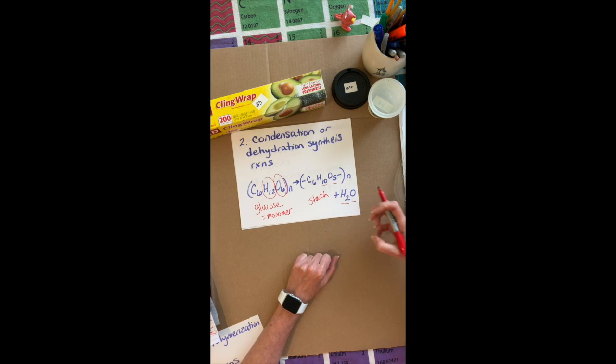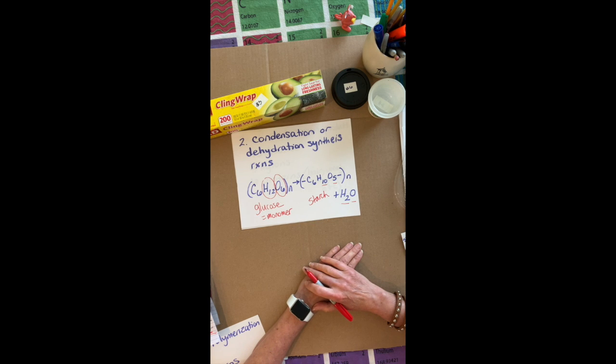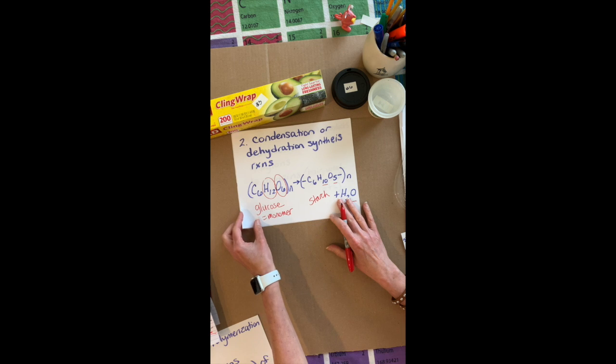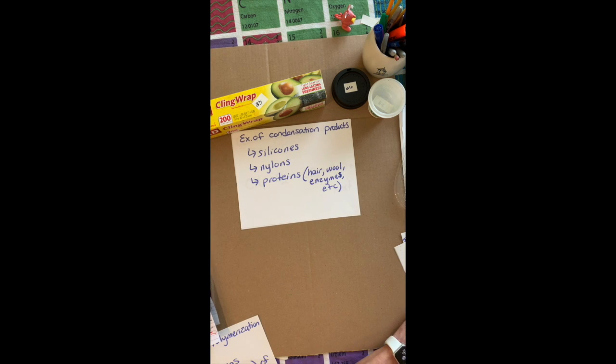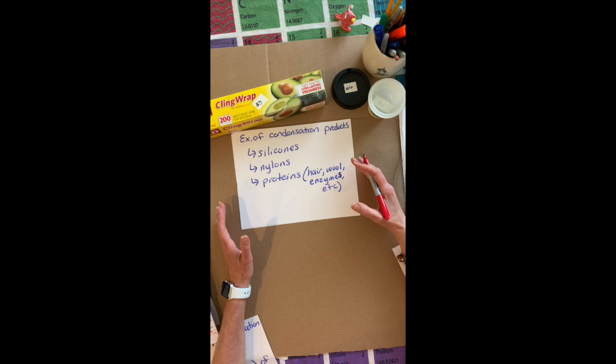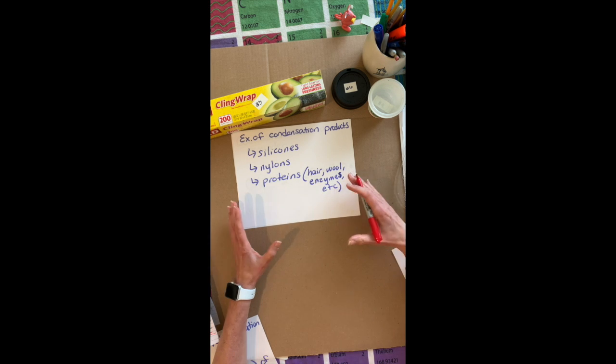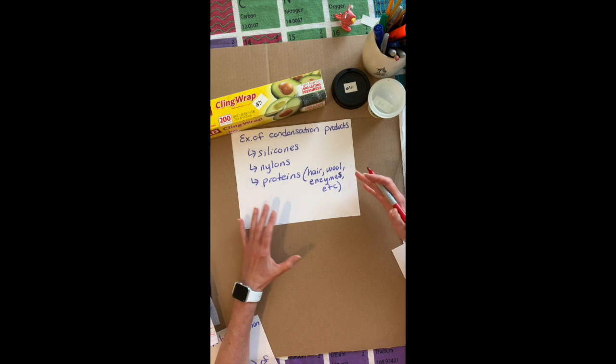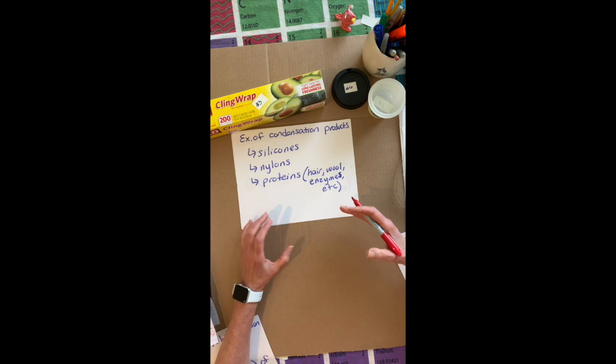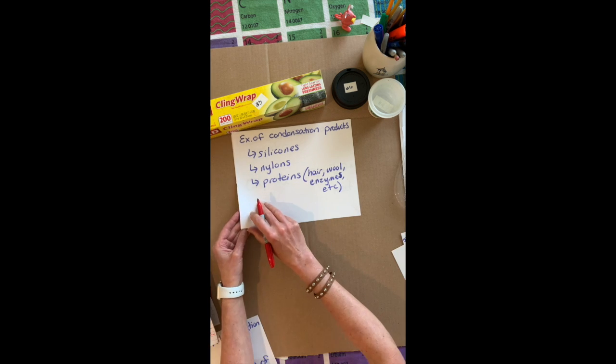And because that water is removed, it's called dehydration synthesis or condensation reaction. There are so many examples of condensation reaction products. Any silicone products are examples. Nylons would be examples. Proteins, and proteins are so diverse. Hair, wool, enzymes, all of these things are examples of protein.